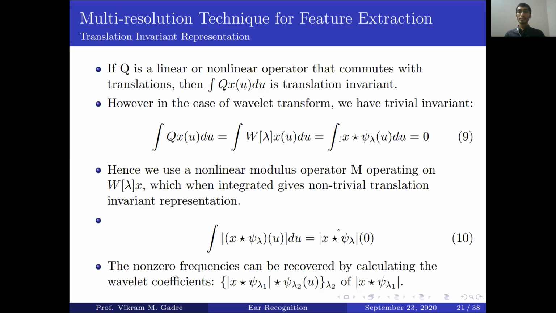Because there is no DC component in this expression, since the wavelet extracts a particular band in frequency. To get an invariant which is not trivial, we apply a modulus operator, which is a non-linear operator. Once we do that and then integrate, we get a non-zero value.